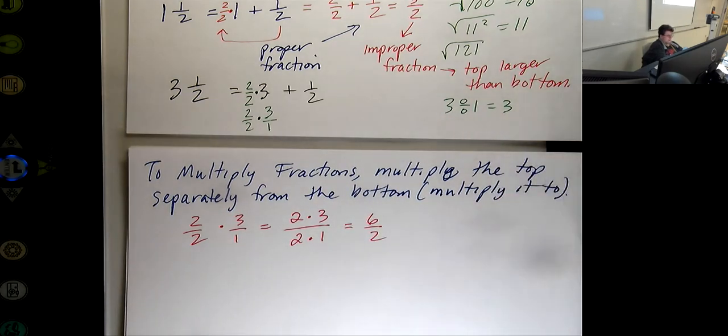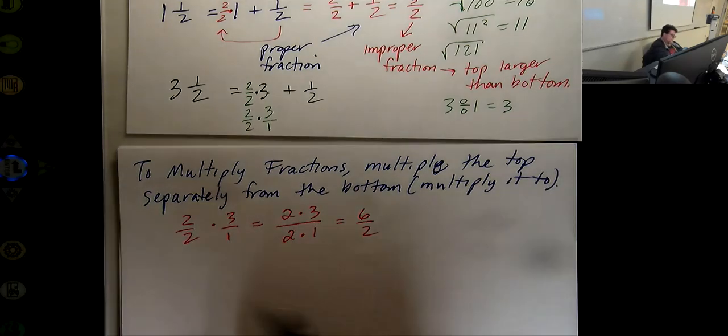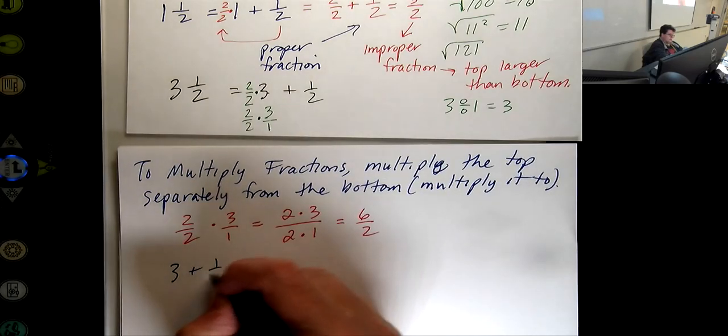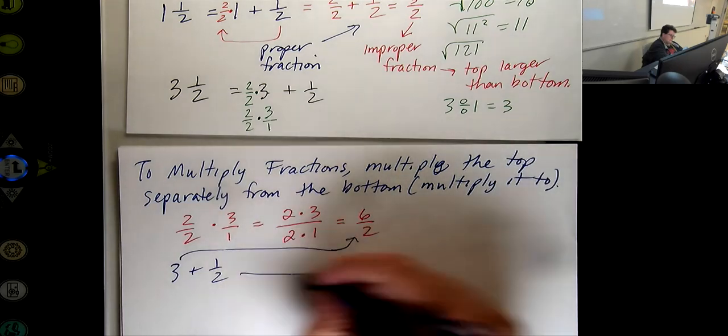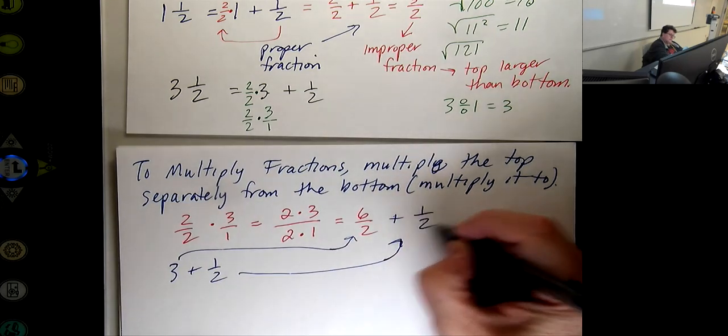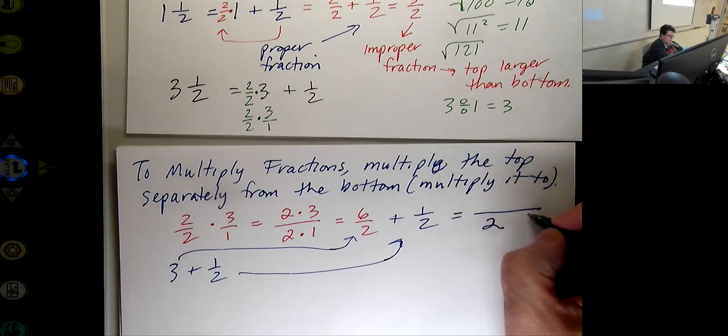We're not simplifying it yet. Here I would just do division. Because remember, we were doing 3 plus 1/2. So I just did the 3 here, so I still need to add the 1/2. And now we're back to keeping the common denominator. 6 plus 1 is 7 halves.